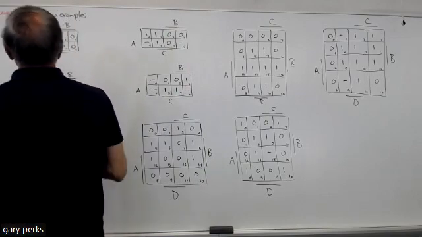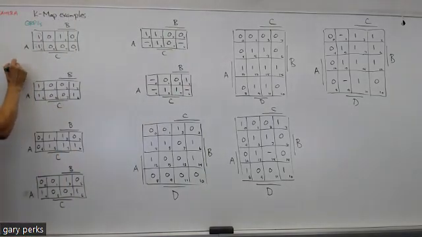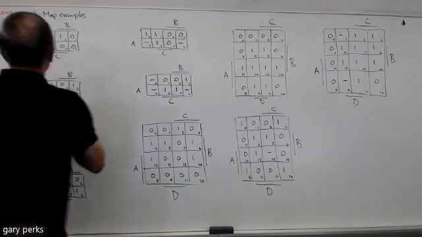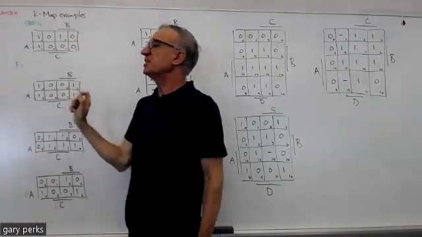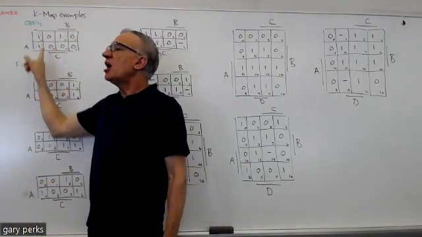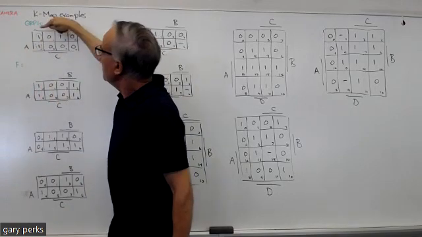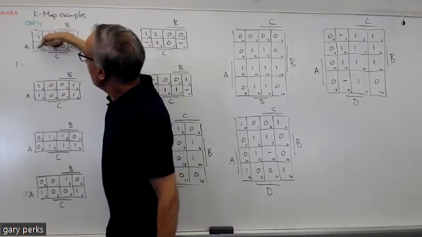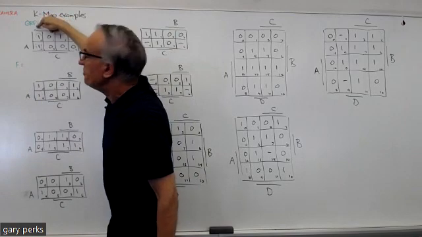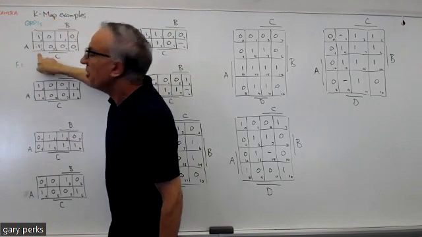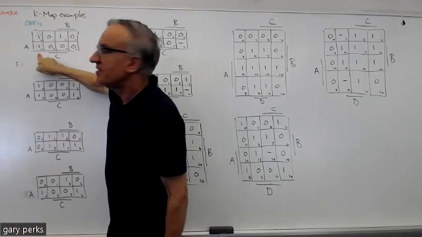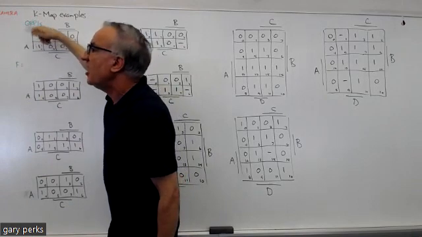Okay, 0 and 4. Now, we're going to get the expression for F. The way you get what this term is, you look at what's common to that grouping. See, both these ones in this group are both part of not B, and they're both part of not C. A is not common, right?